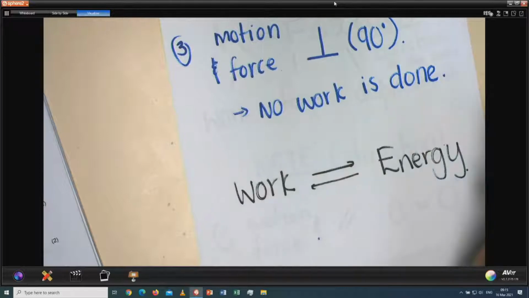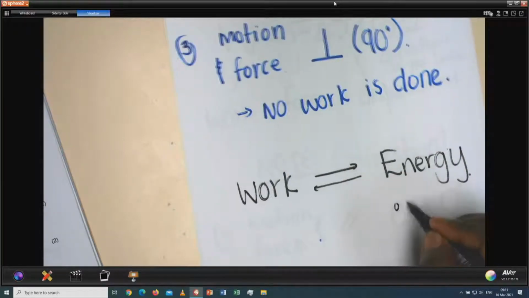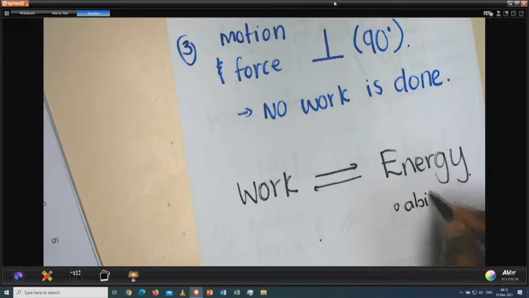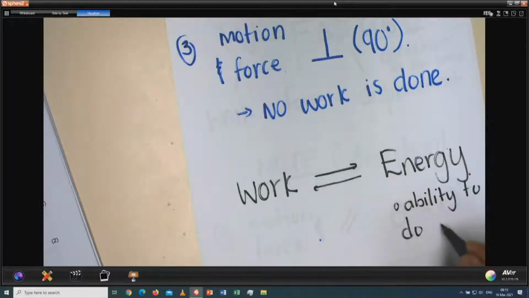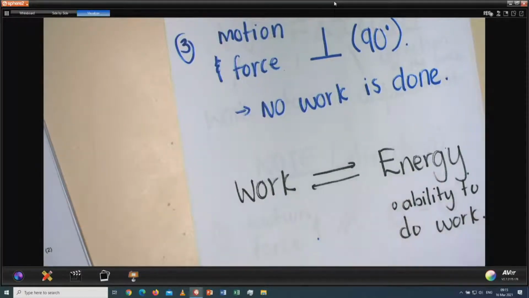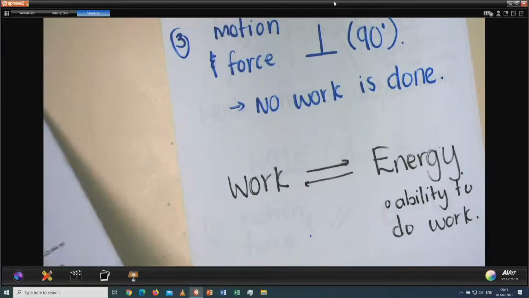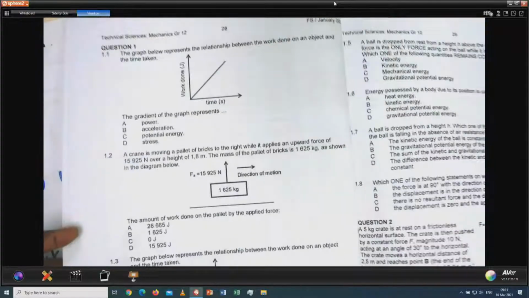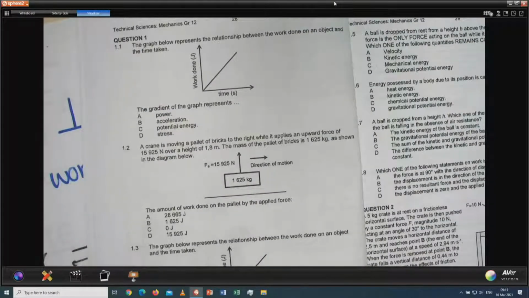I think we'll remember in grade 9 we said energy is the ability to do work. So we must just remember that. Now I'm going to start with multiple choice questions so that we can see if we can give even a better meaning to what we've just explained.